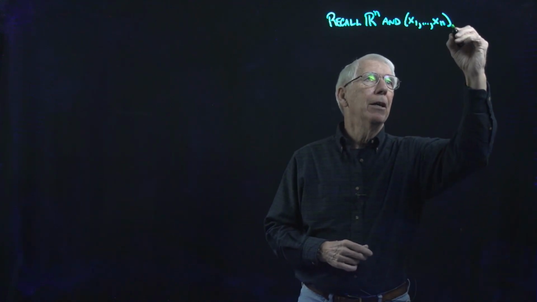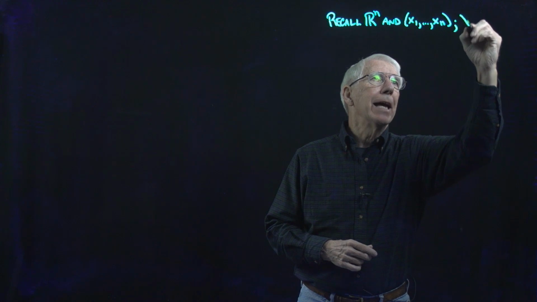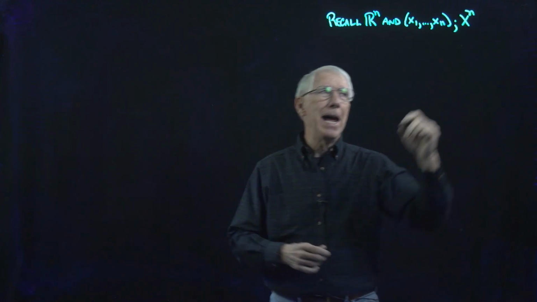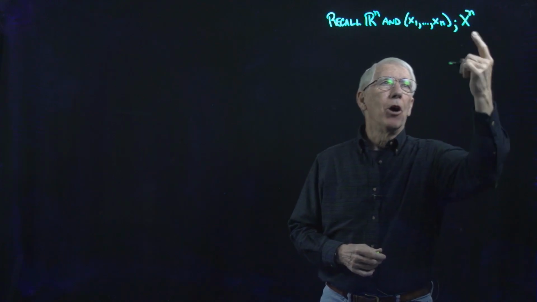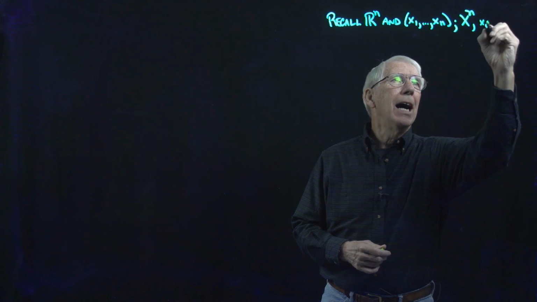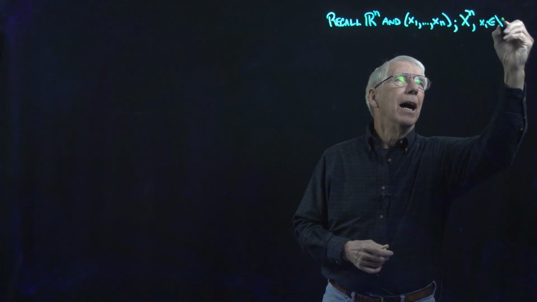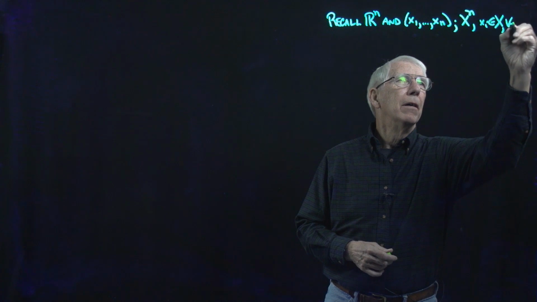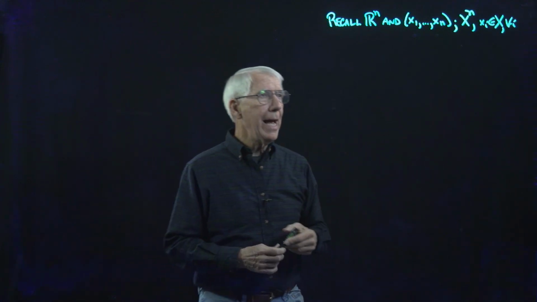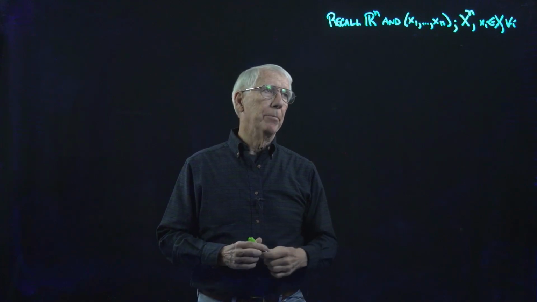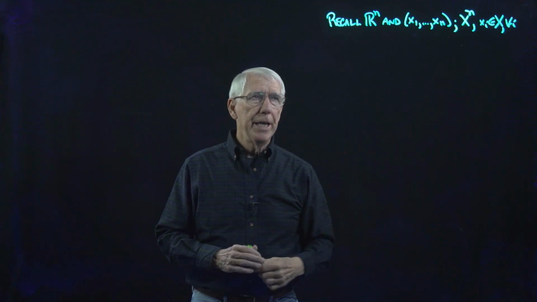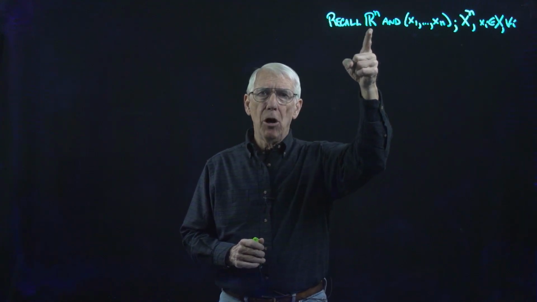do the same thing for any set. We said take a set X, I think we did anyway, and if we didn't, well, we can say it now. This would be the set of all n-tuples where the x_i is in capital X for every i. And so what we want to do now is generalize this a little bit, because here all of the n-tuples are drawn from the same set R, the reals.